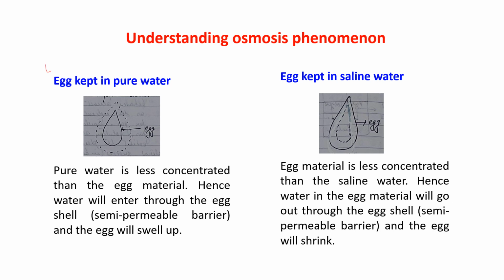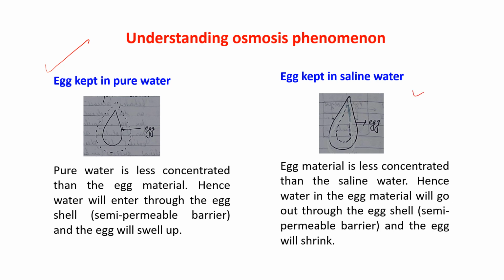In the first case you can see here, pure water is less concentrated than the egg material. So pure water will enter through the eggshell, and that eggshell is acting here as a semi-permeable membrane. And as the water enters inside the egg through the semi-permeable membrane, that is the eggshell, the egg will swell up.